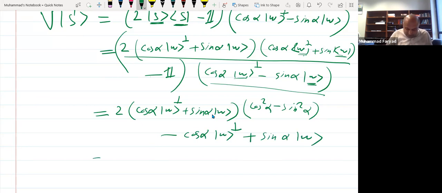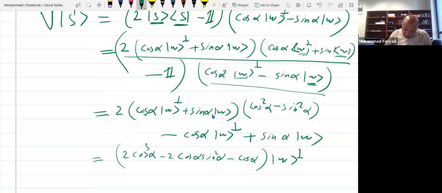And now let me collect all the terms with W perpendicular, and they are 2 cos alpha into cos square alpha minus sine square alpha. So 2 cos cube alpha minus 2 cos alpha sine square alpha minus cos alpha into W perpendicular.